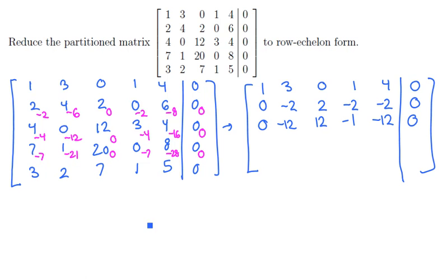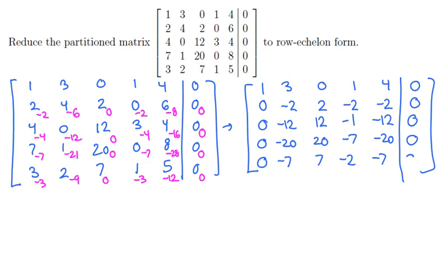So the sums become 0, -20, 20, -7, -20, and 0. Finally, if we scale the first row by a -3 to obtain -3, -9, 0, -3, -12, and 0, and add that to the final row, we obtain a new row of 0, -7, 7, -2, -7, and 0.